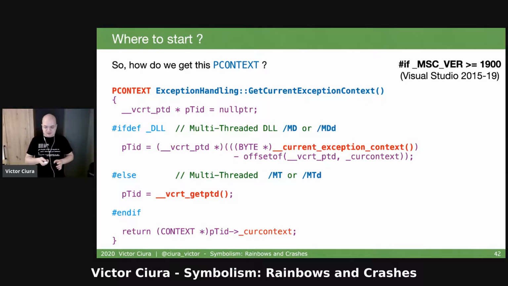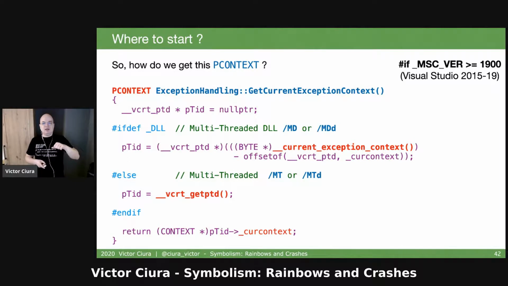It works. Test it. Okay, so you have some helper functions from the CRT to get the current exception context, and here you have to differentiate whether you statically or dynamically link the CRT. If you static link the CRT into your application, then you're on the else branch.